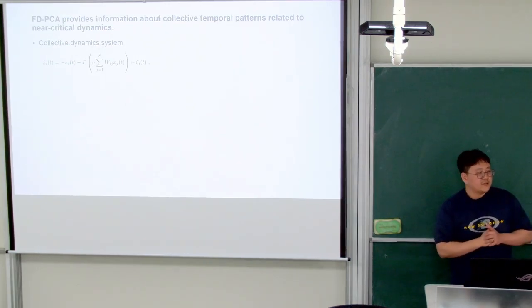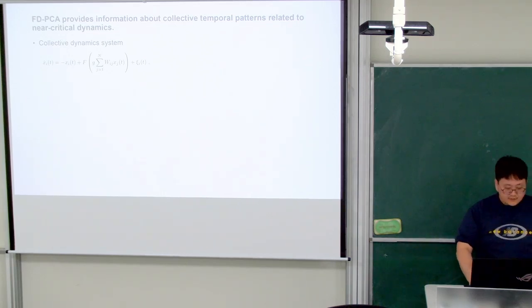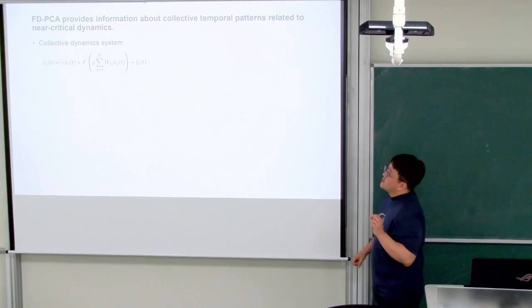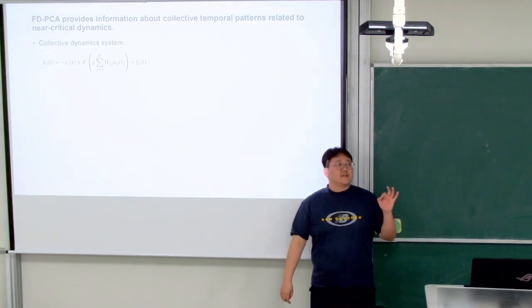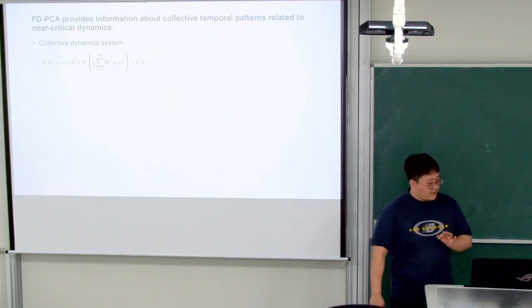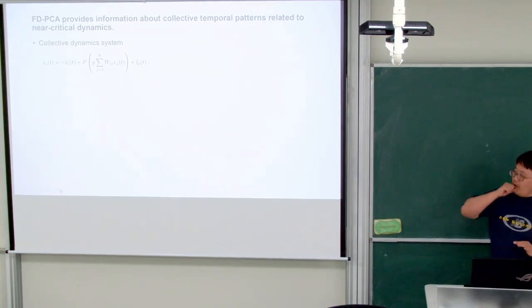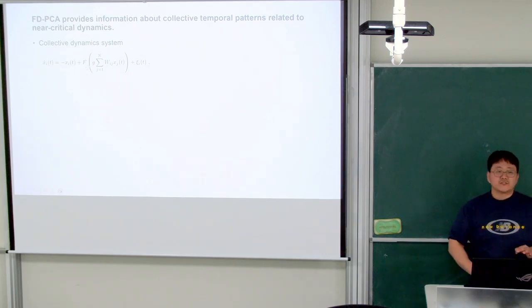Okay, let's apply this approach to the collective dynamic system. So, X actually indicates the electrical activity of an individual neuron, and it has a decay term here, and the f function is just a linear function.